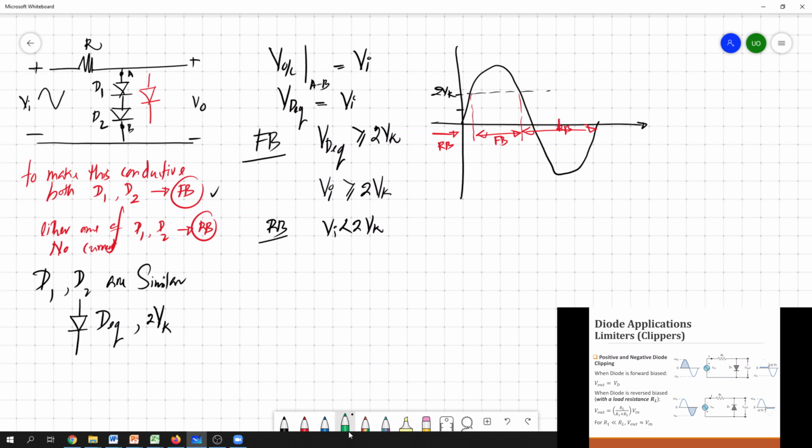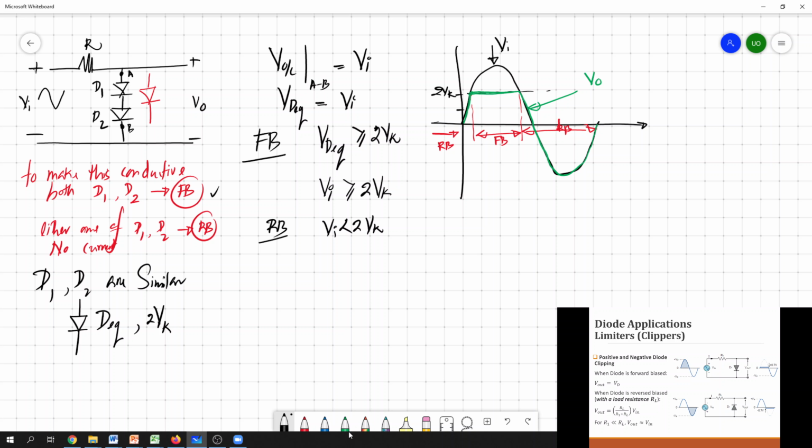So if you draw the output, if it is forward biased, then we know that you can replace this diode with an equivalent diode with a fixed DC source of 2 times Vk. So then Vx should be 2 times Vk, and during this reverse region it simply follows the input. So this becomes the output. This is your input and this is the output.